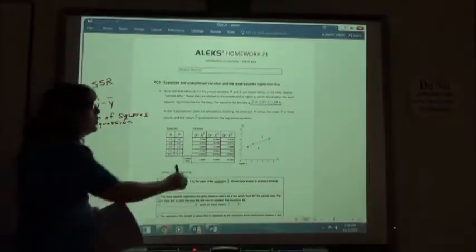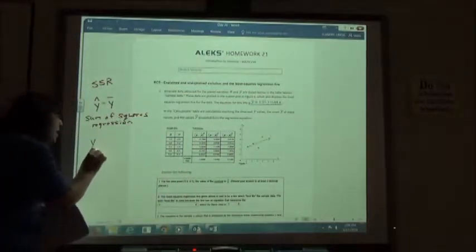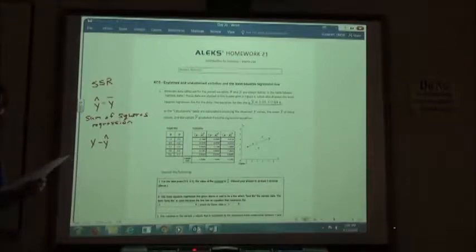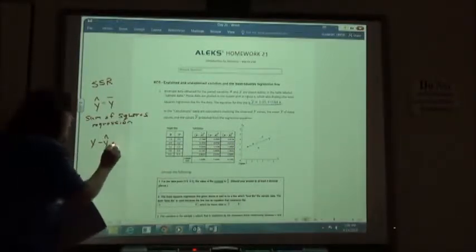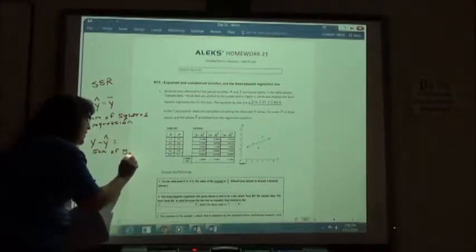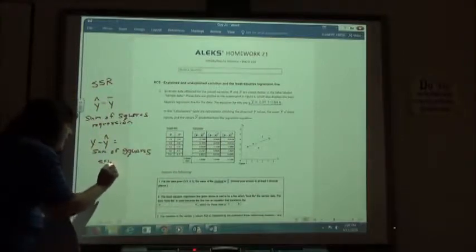The next one, where you just have y minus y hat, is SSE, sum of the squares error. Gives you the error. Sum of squares, you can almost read that as S, error.